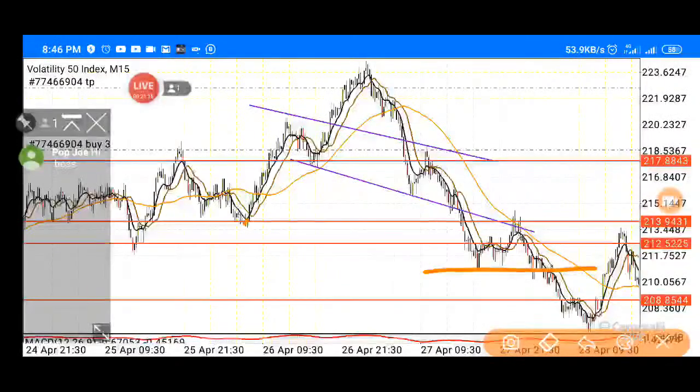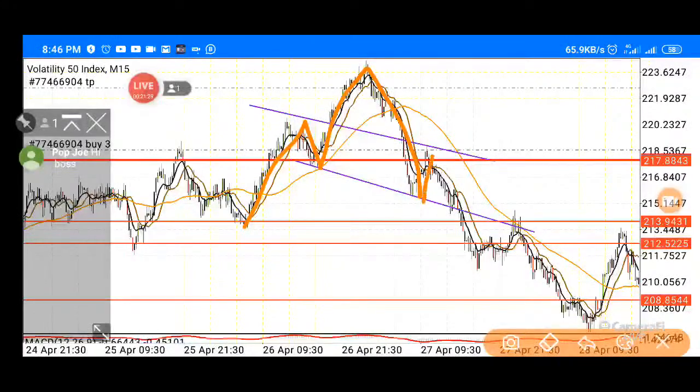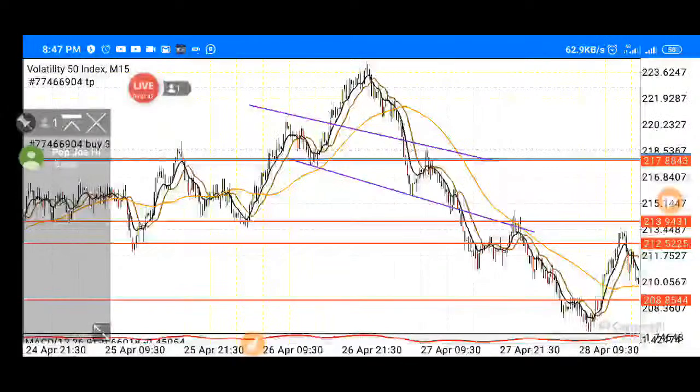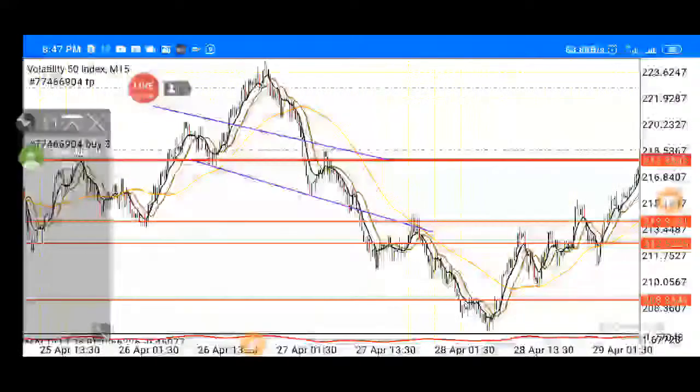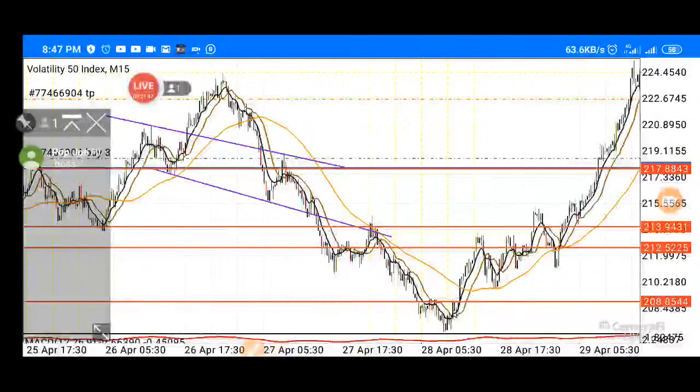So let me draw out that pattern. Sorry, this is the first shoulder, which is the left shoulder. That's the head. This is the second shoulder. This is the breakout. This is the retest of the neckline, and you can see that it later broke this level. Do you understand? And after that, what happened? The market went up again. So that's that about head and shoulders.